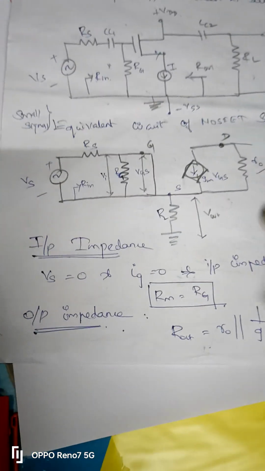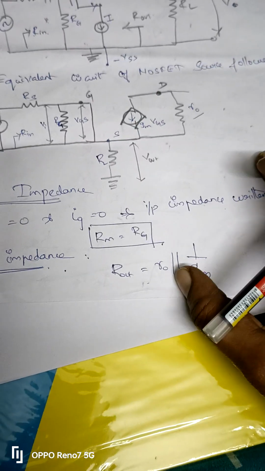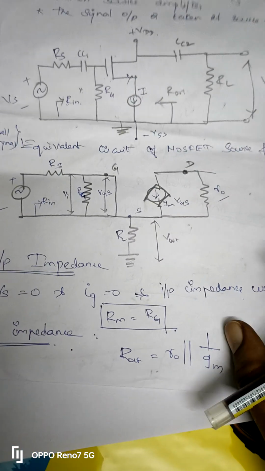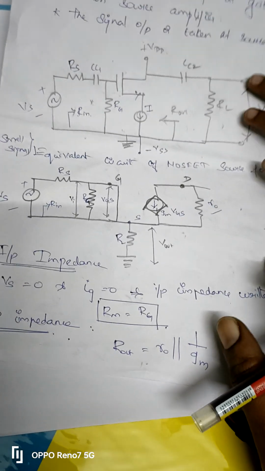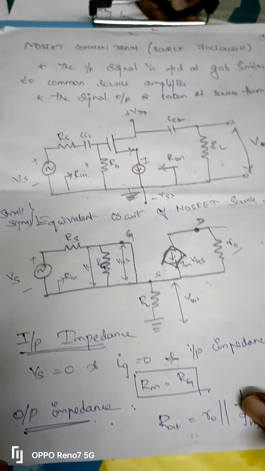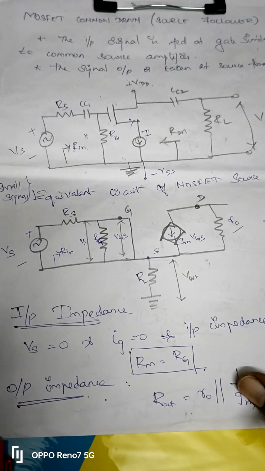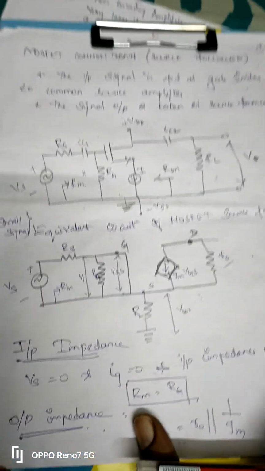The output impedance Rout is equal to r0 parallel to 1 divided by gm. This is the output impedance and input impedance of the MOSFET common drain source follower.